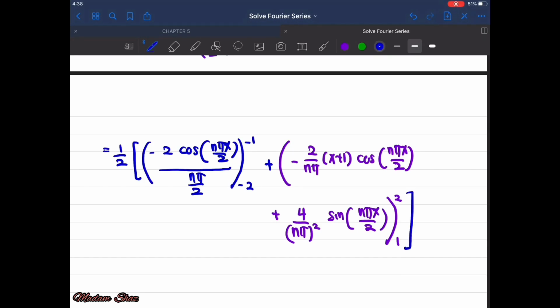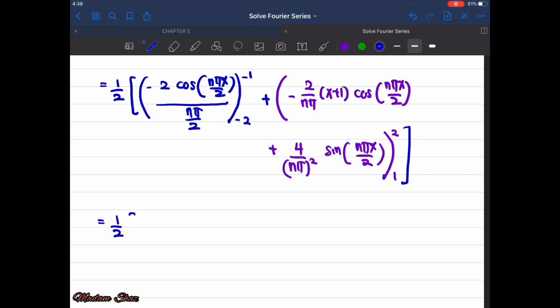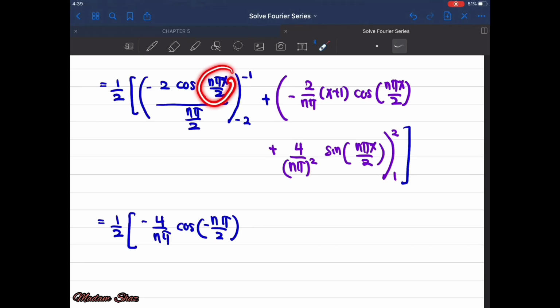So close the whole bracket for the whole thing. So now substitute the limit. 1 over 2 n pi over 2 at the bottom side multiply with the 2 here can be written as negative 4 over n pi cos n pi over 2, with the negative n pi x over 2 multiply with the negative 1 will become negative n pi over 2.